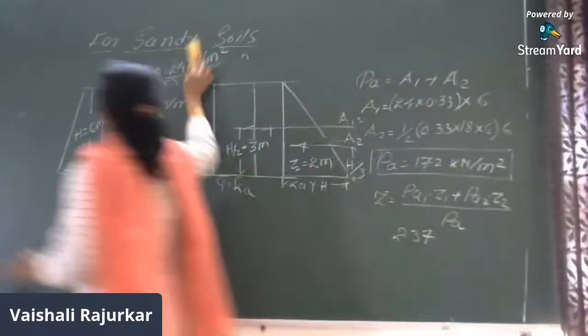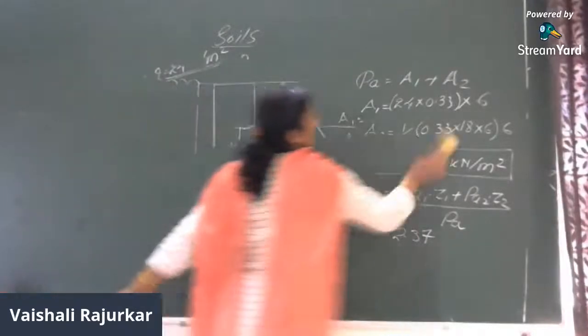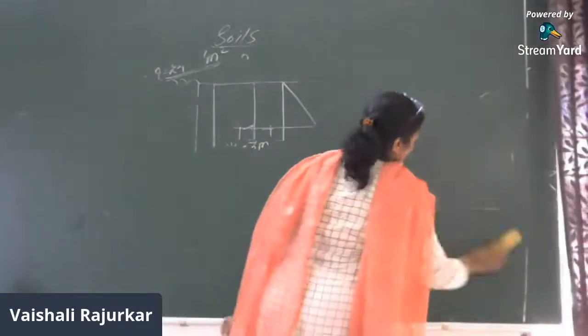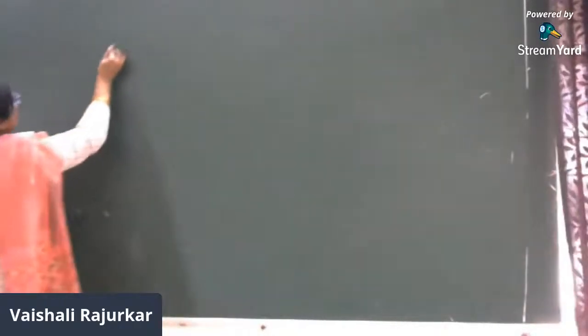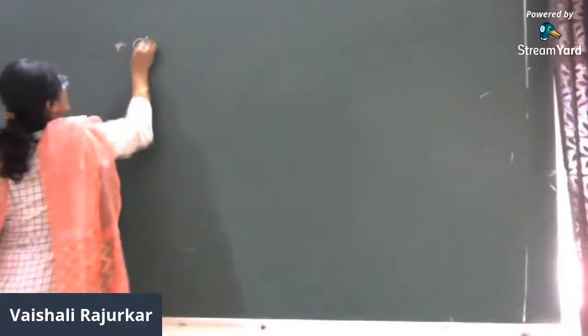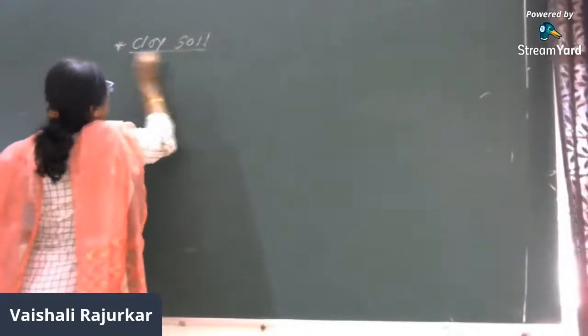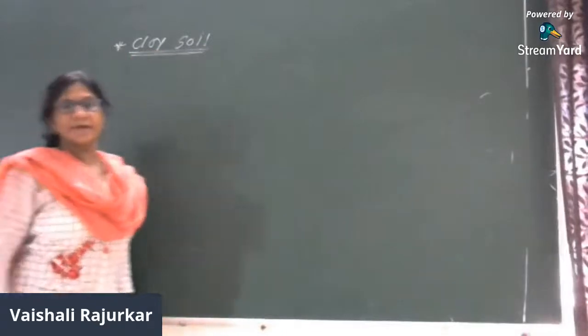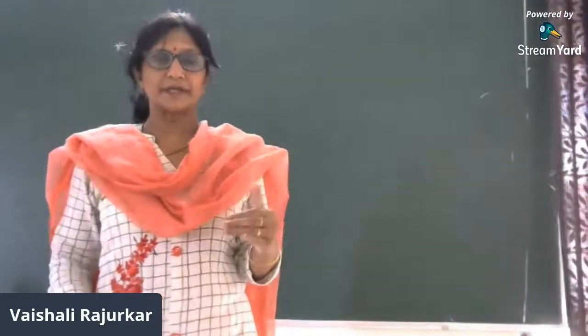Now we will discuss the clayey soil. When the soil is a clayey soil, or a cohesive soil, the distribution is somewhat different. Just remember that cohesive soil can stand unsupported up to a certain depth.